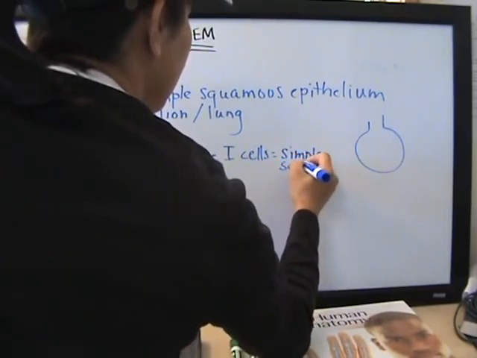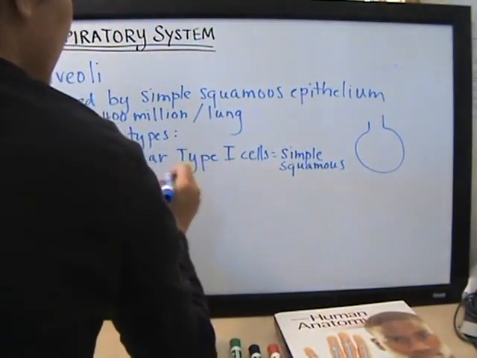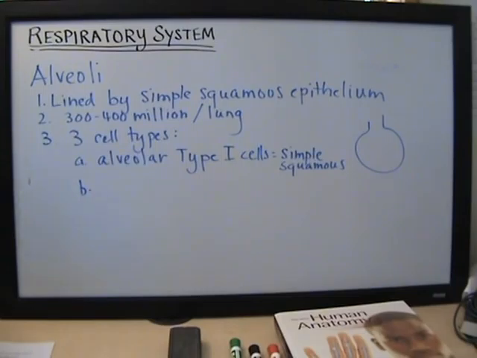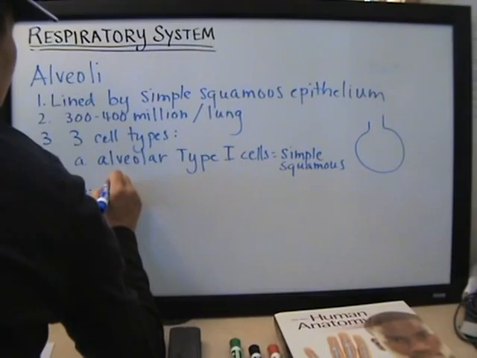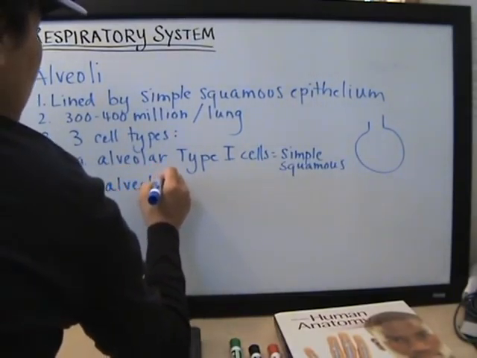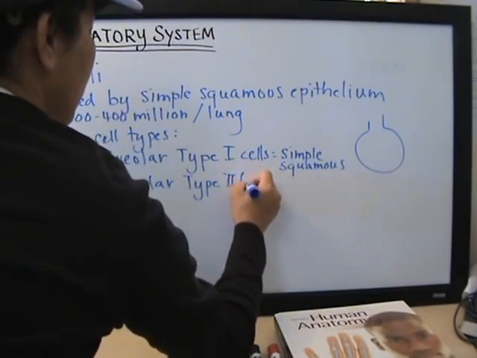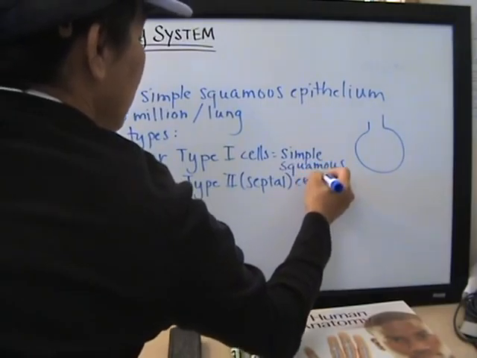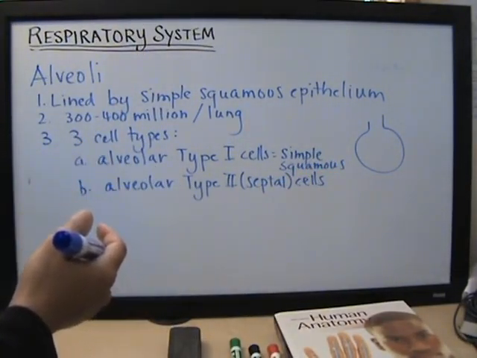Simple squamous, and again, this is where gas exchange occurs. The other type is alveolar type 2 cells, or septal cells. These cells are cuboidal cells.